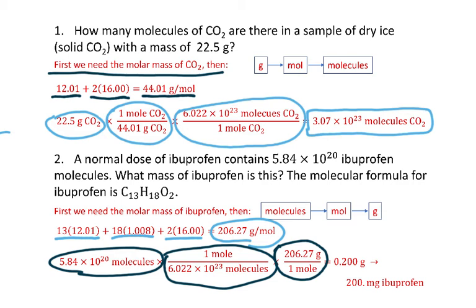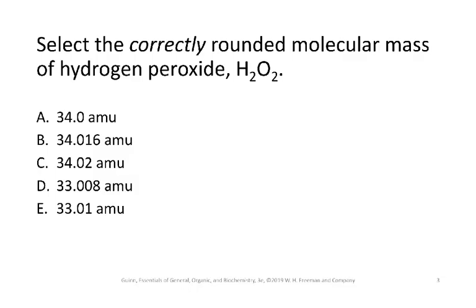All right, let's do a few multiple choice questions here to finish up. So select the correctly rounded molecular mass of hydrogen peroxide, H2O2. Okay, and the answer is, after you've paused it and answered this for yourself, 34.02. Right, so this is 1.008.